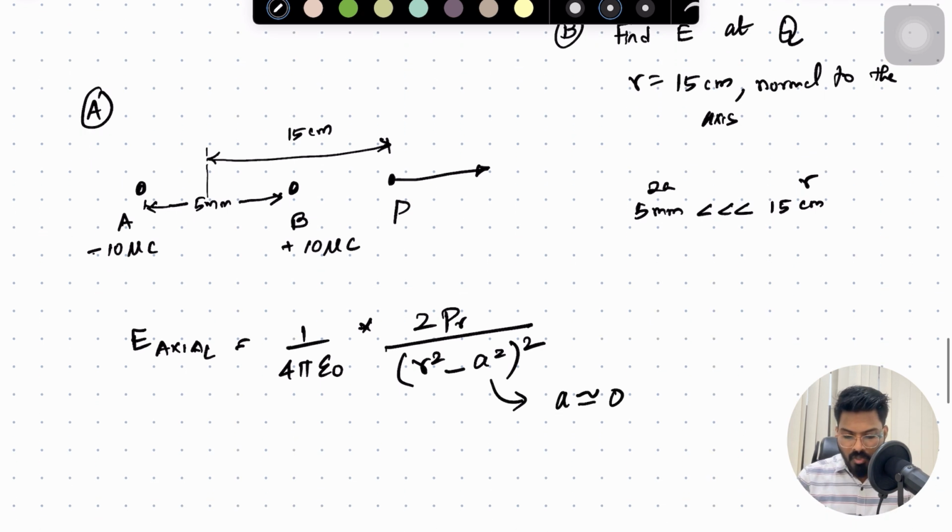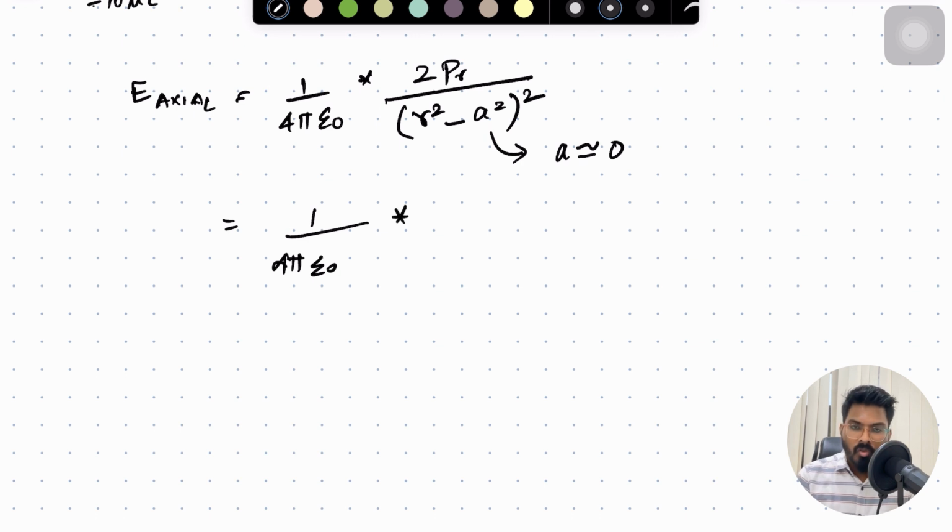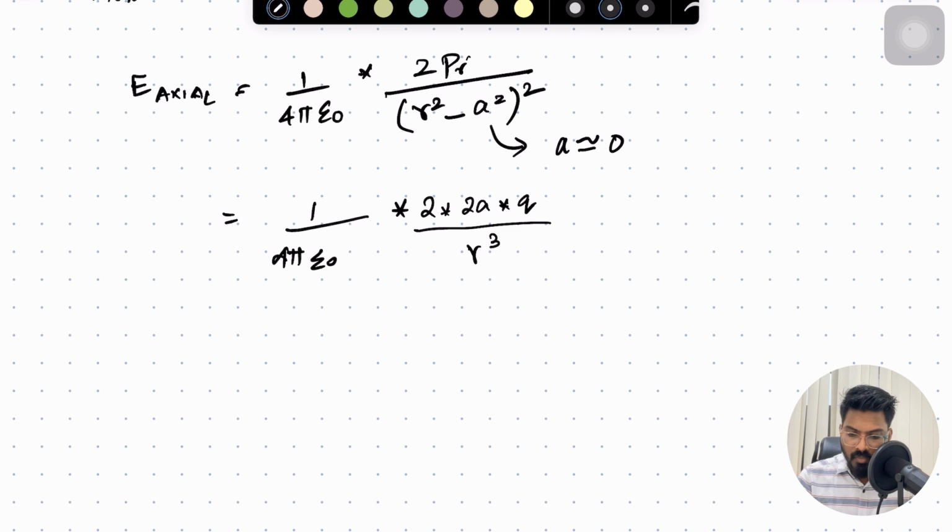So the moment you do that, it becomes 1 by 4 pi epsilon naught multiplied by 2 into p, which is 2a into q, divided by r cube. This becomes r power 4, this is r, and they both get cancelled. So that's how it becomes r cube.